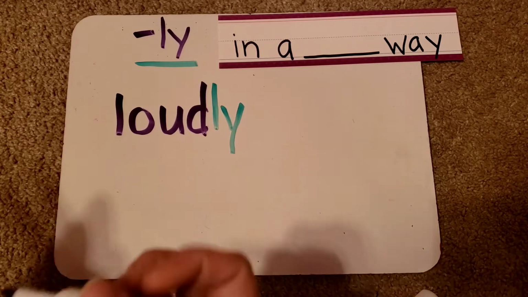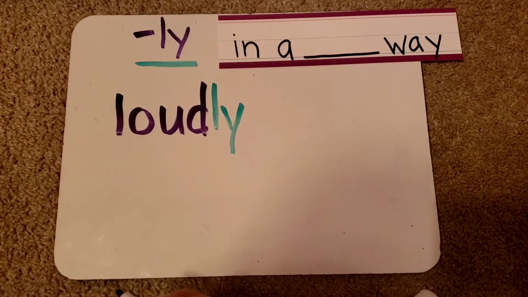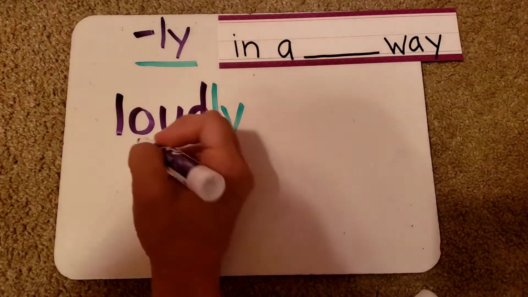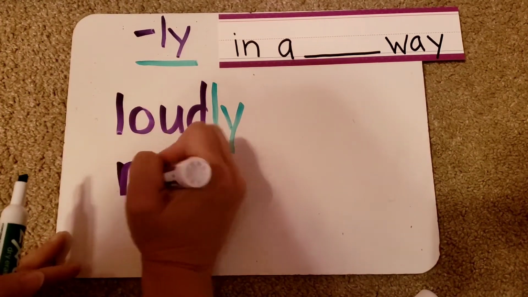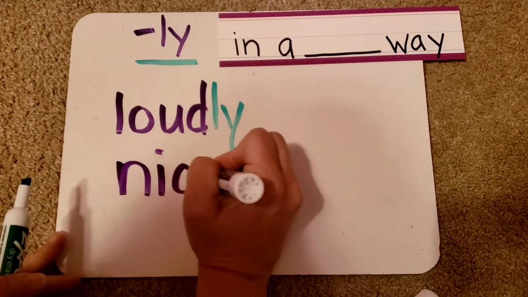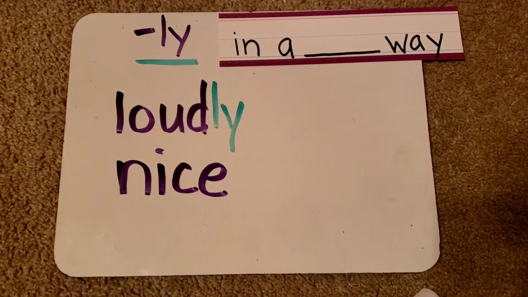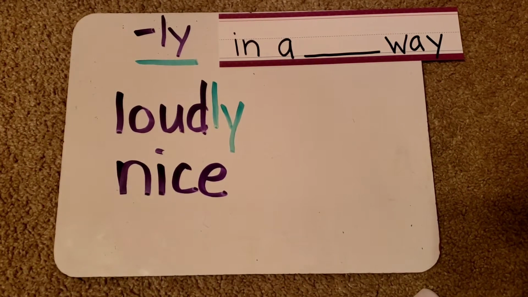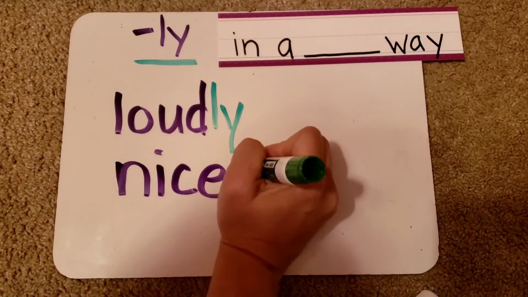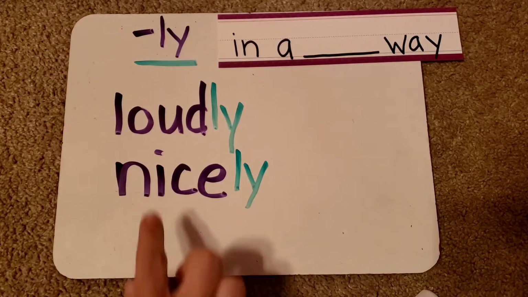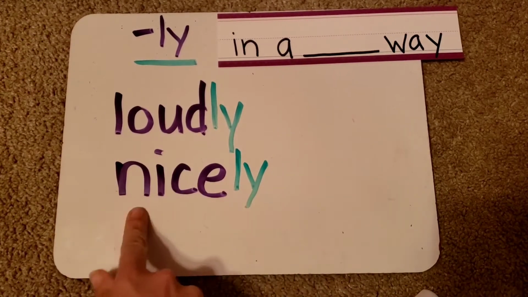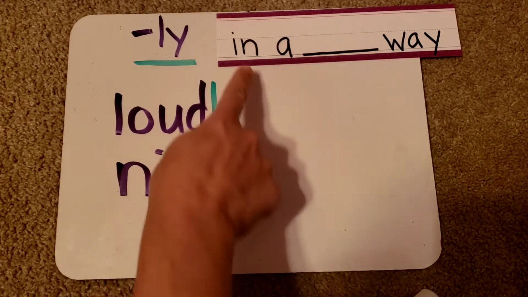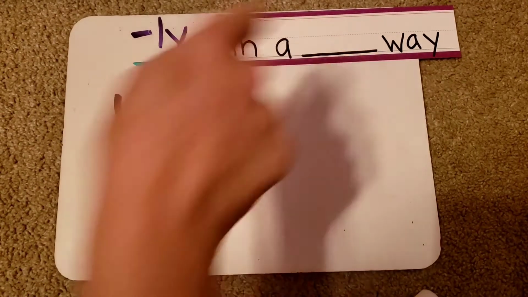So if I did this, and she did her work, and she did such a great job. She did it nice. There's our base word. We don't say she did it nice. Nope, we're going to add our suffix ly. So now we have nice plus ly, nicely. So she did it in a nice way.